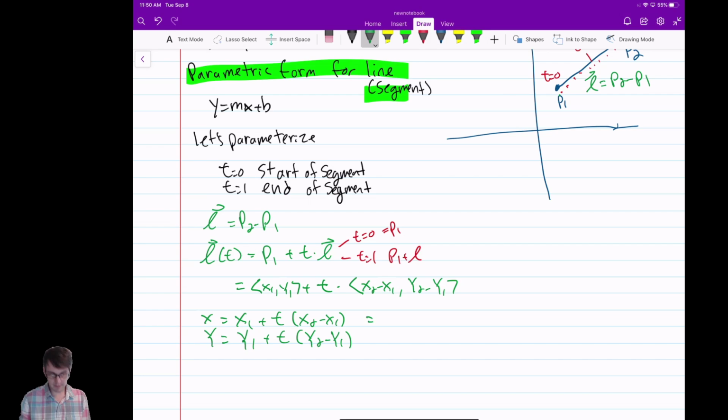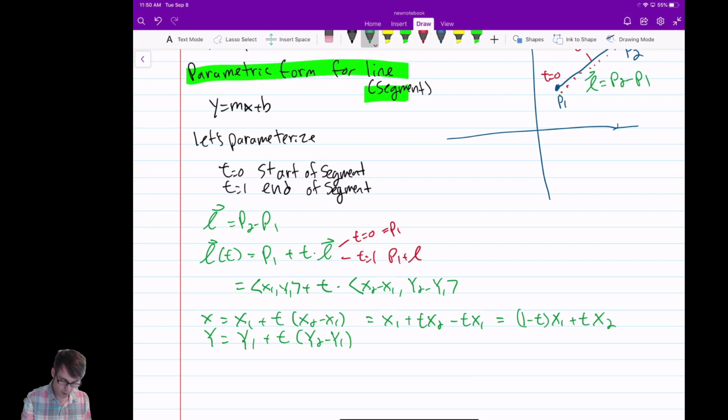Now we can write it in different forms, and I'm going to quickly show you another form you might come across, that is also popular, and I want to show you it's the same thing. So I just broke out the multiplication, and then I'm going to collect the x's. So then I'm going to have 1 minus t times x1, and then plus t x2.